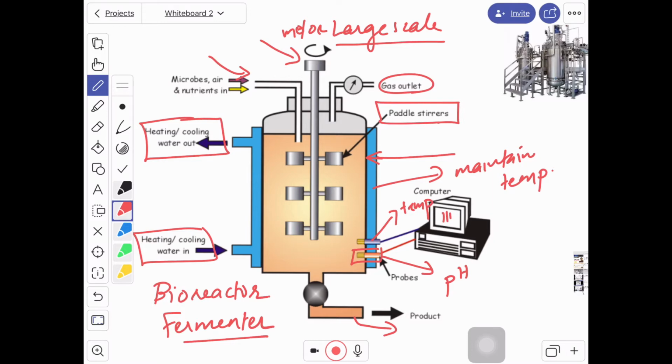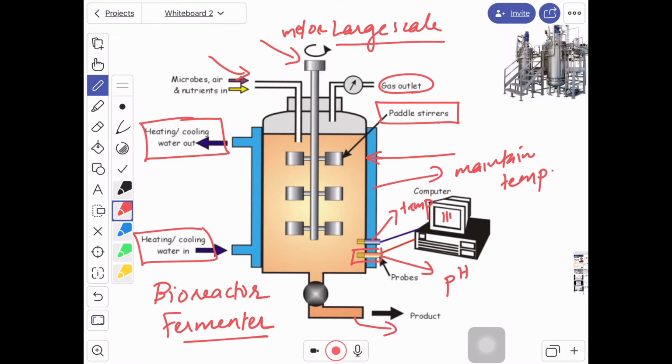Suppose our microbe requires 37 degrees Celsius and the temperature inside the fermenter goes below that, then hot water will be supplied through these pipes. If the temperature goes higher, then cool water will be supplied.